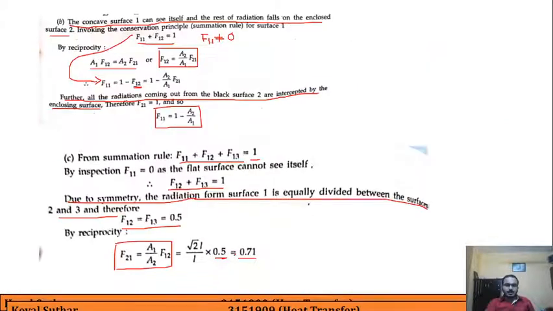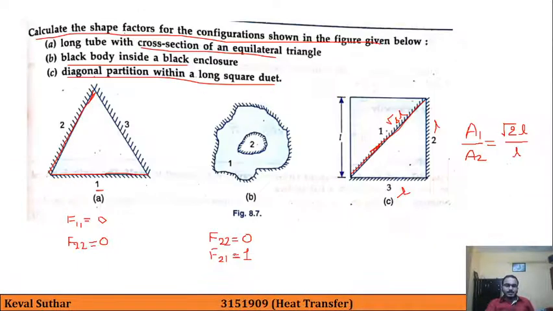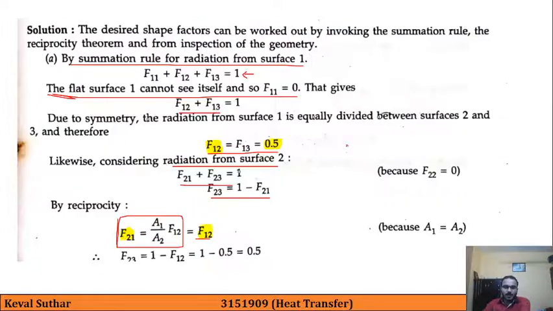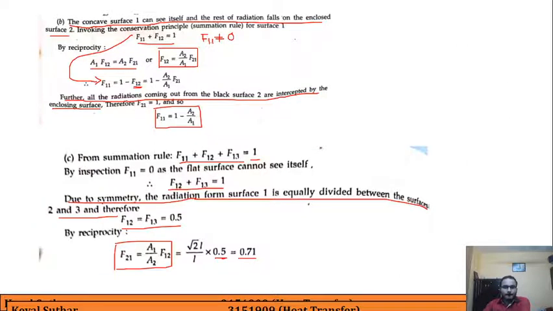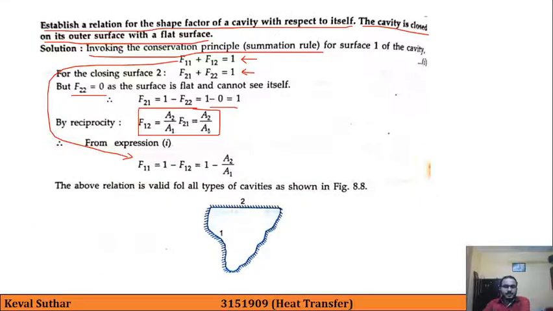So in today's lecture we have calculated the values of shape factor or configuration factor for various arrangements. First we began with an equilateral triangle, then a black body inside a black enclosure, then a diagonal partition. We used the reciprocity theorem and conservation principle.